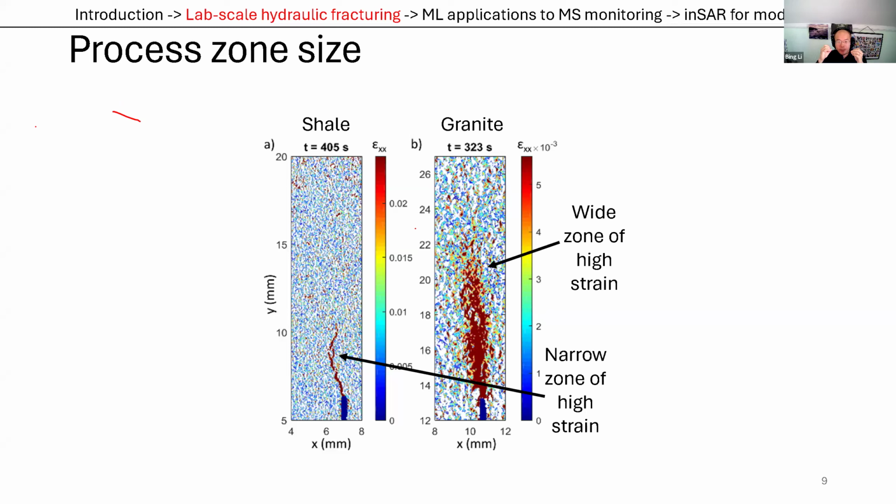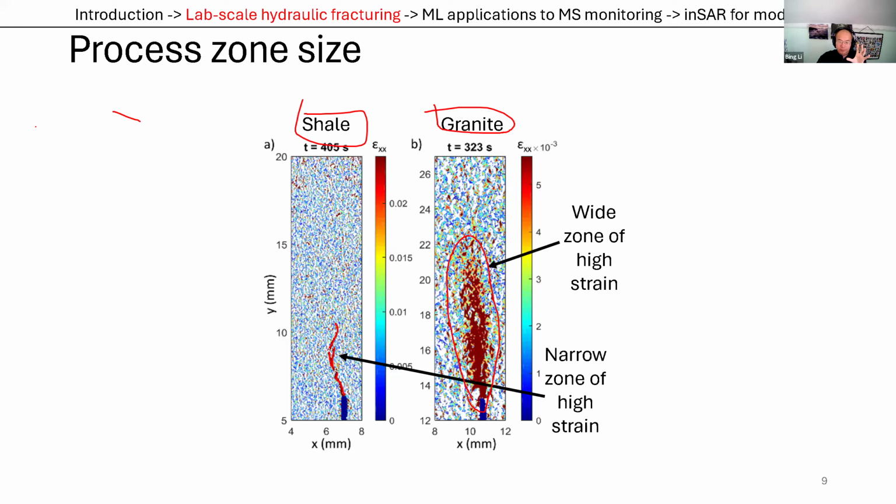So thinking about this process zone, here I'm showing a given snapshot in time of the granite and the shale. They're comparable in terms of the percentage of the peak load. If we look at the granite, you can see that there's a much wider zone of strain that's induced, as opposed to the shale, where really all we're seeing is a single path of the fracture, these microcracks being outlined by the strain map.